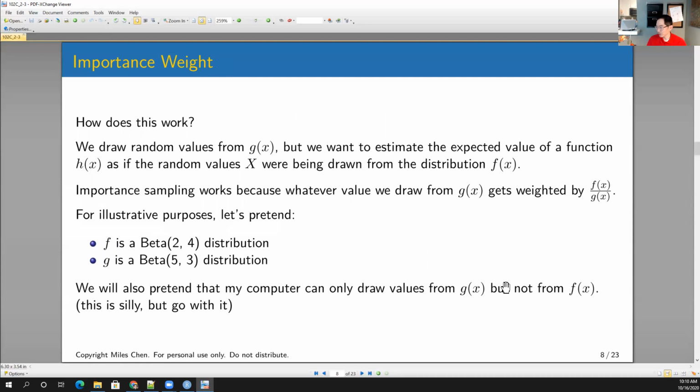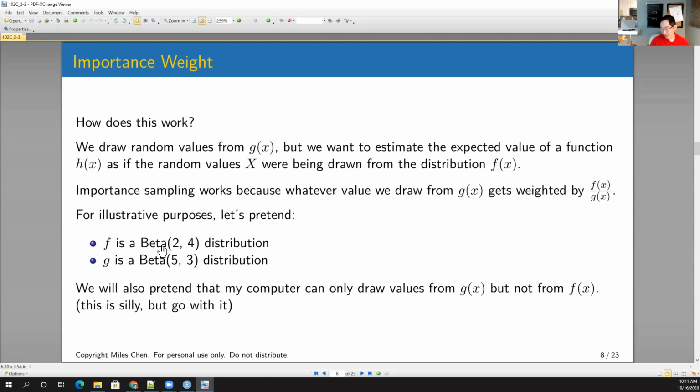So again, we're going to draw values from g, but we want to estimate the expected value of a function as if the values x were drawn from f. So how's this going to work? I'm drawing values from g, but I want to estimate the function as if the values were coming from f. The reason it works is that the values we draw from g are going to get weighted by f of x over g of x.